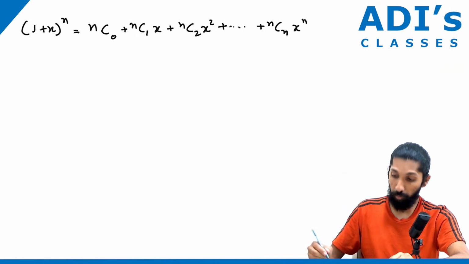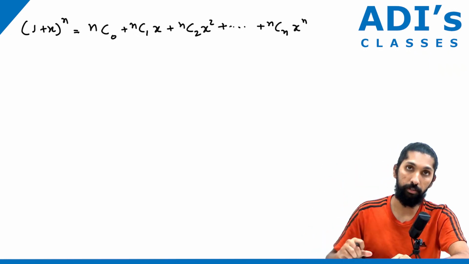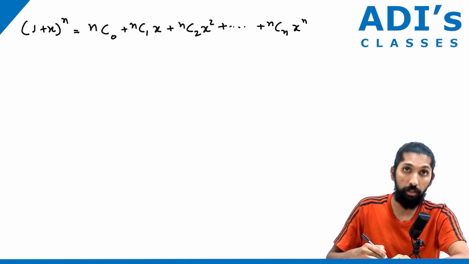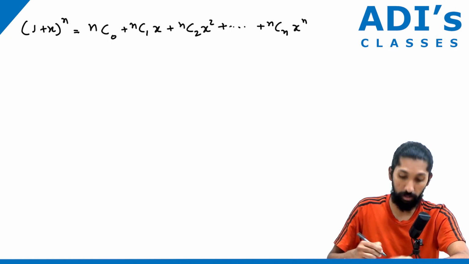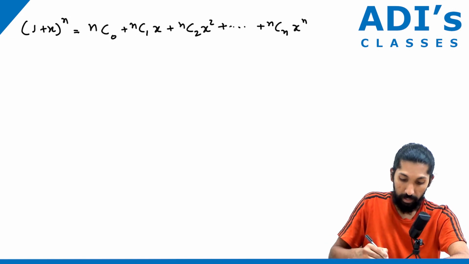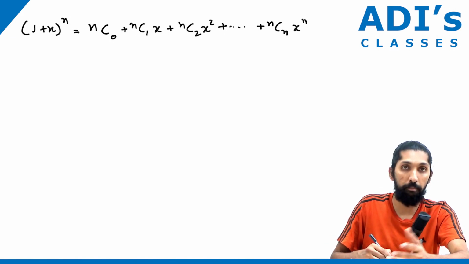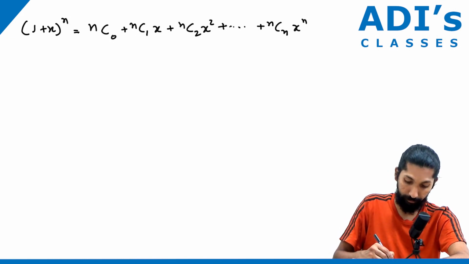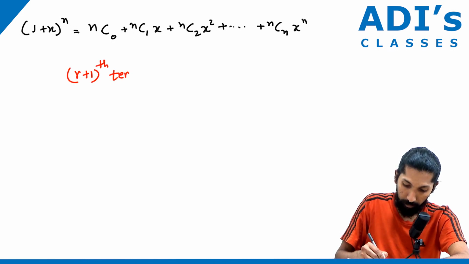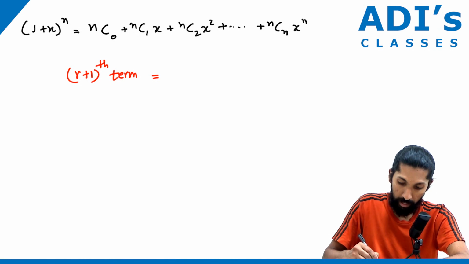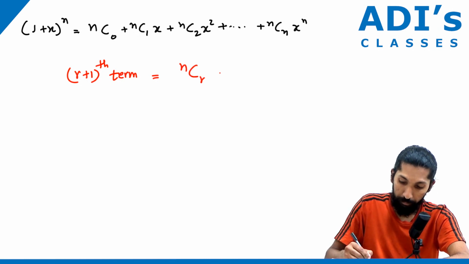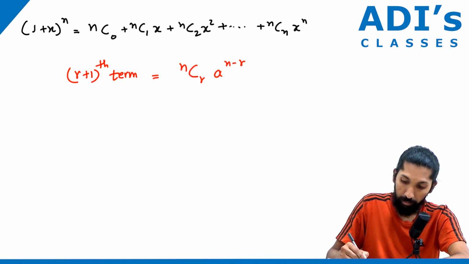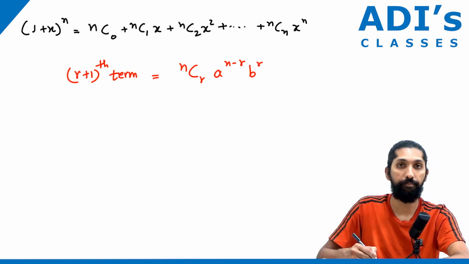Okay. Now the most important part is the general term. Always the general term is represented as the r plus 1th term. So the r plus 1th term can be written as ncr a power n minus r b to the power of r.